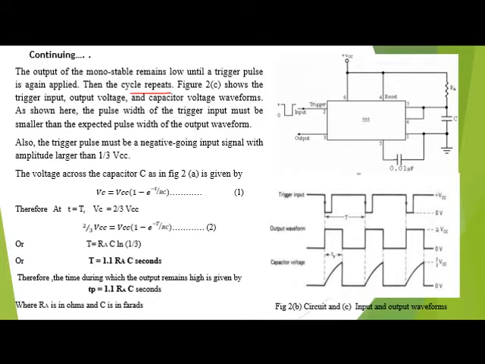Then the cycle repeats, and this figure shows the trigger input, the output voltage, and the voltage across the capacitor waveforms. The trigger input is a negative going input, a negative edge trigger, applied to pin number 2 of the timer.